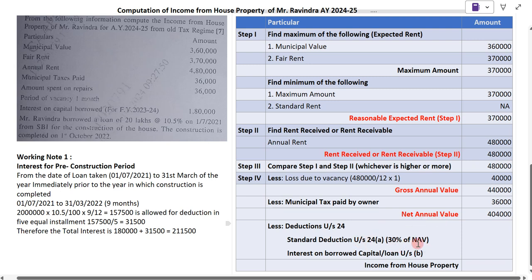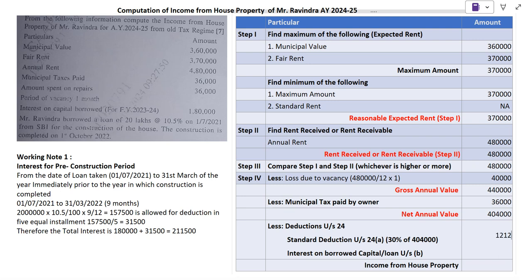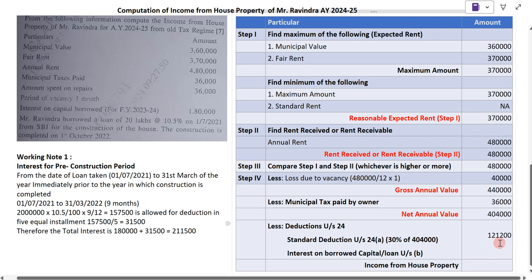So 30% of net annual value. How much did we get as the net annual value? 4,04,000. So 30% of 4,04,000 is 1,21,200. Okay, clear?